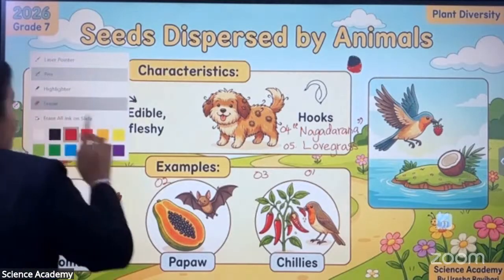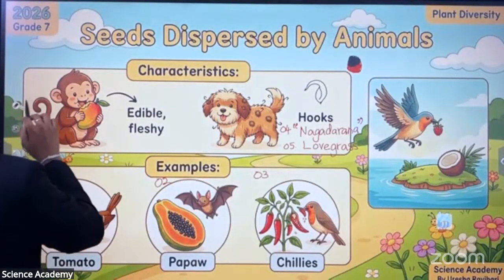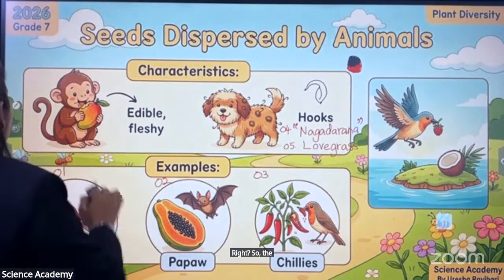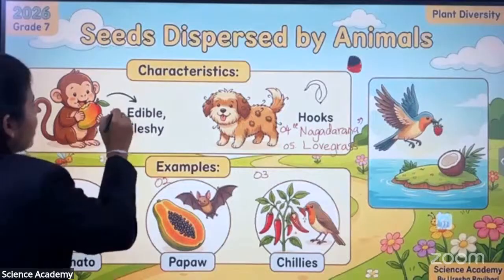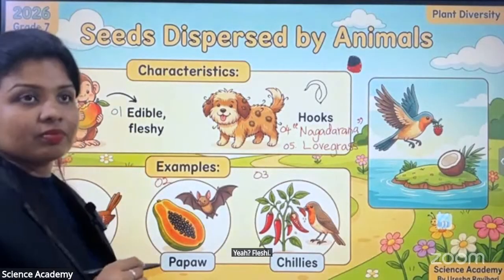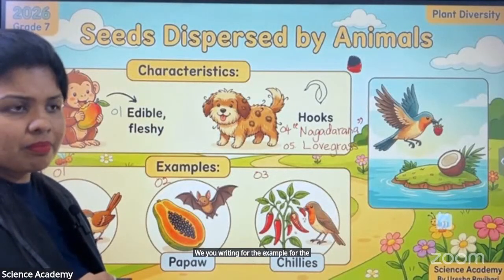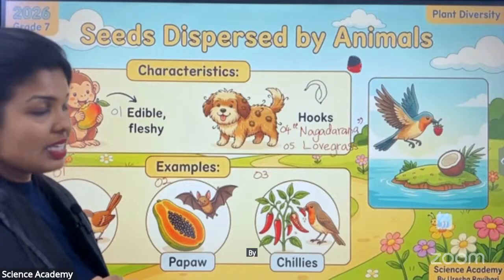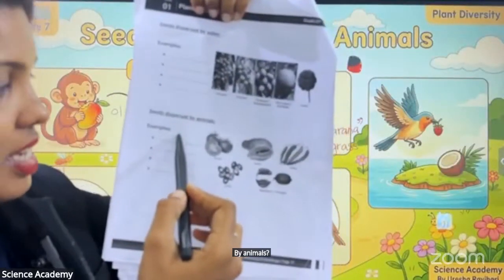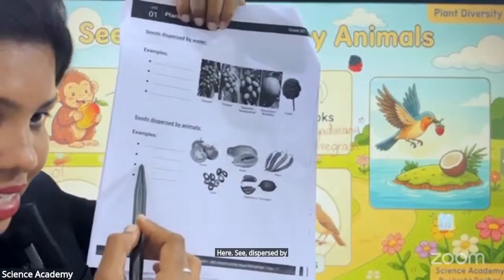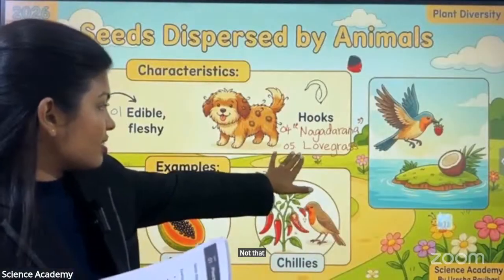The examples. So the adaptations you can write down here. Teacher, edible and fleshy. For seeds dispersed by animals, you have to write the examples: tomato, pepper, chilies, Nagadharana and love grass, right?